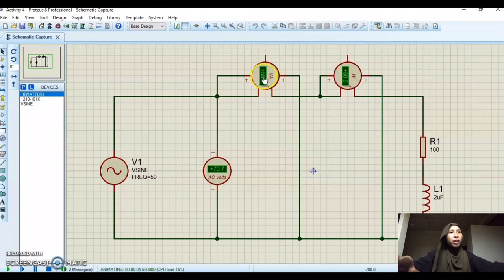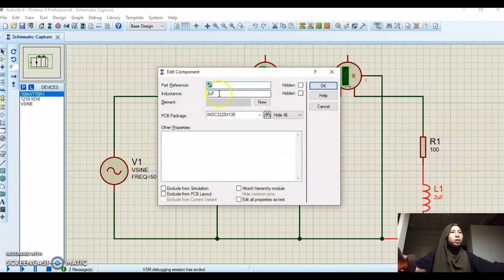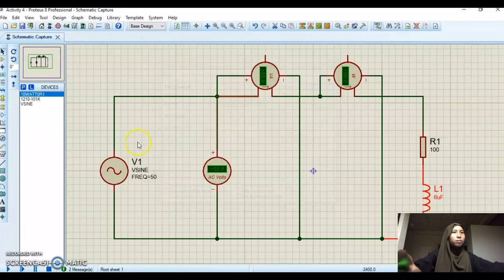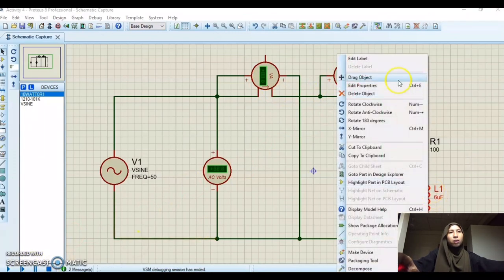We got VA of 50 and wattmeter of 50. Then for the next value, we just need to run, and we got VA of 50 and wattmeter of 50.